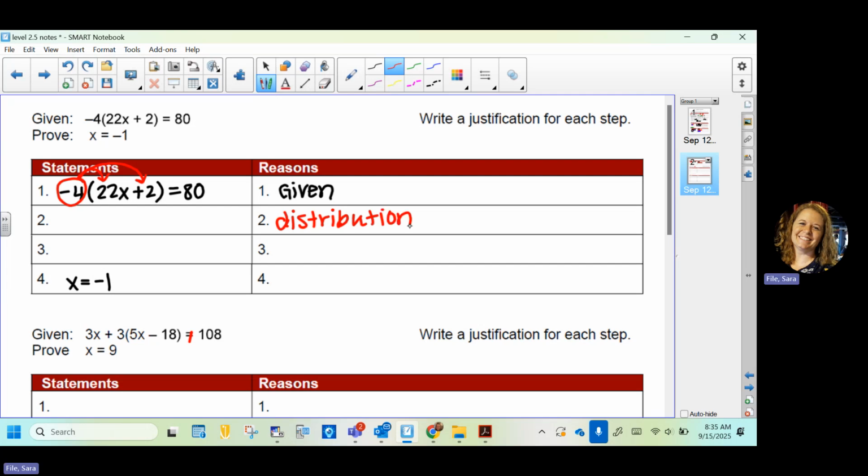Now when I distribute that -4, I'm going to put what I'm left with. So -4 times 22x is -88x, and that's my x term, so it's still got an x. And then -4 times 2 is -8, and then equals 80. All right, now what am I going to do now that I've gotten rid of the parentheses? Add 8, good.